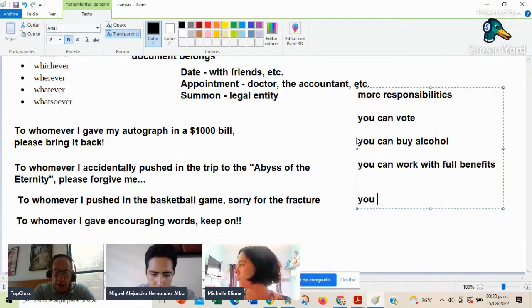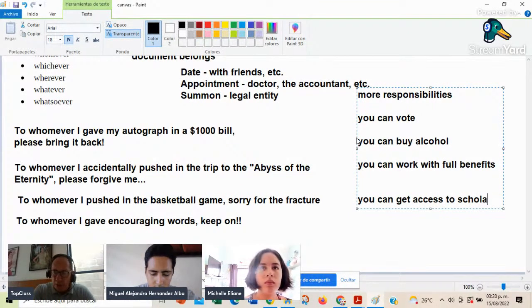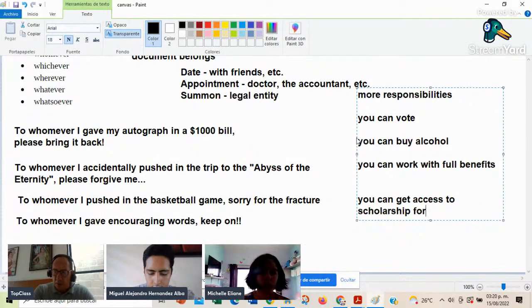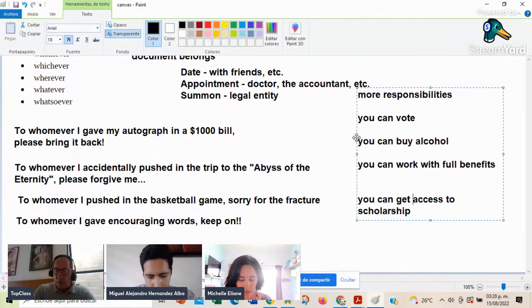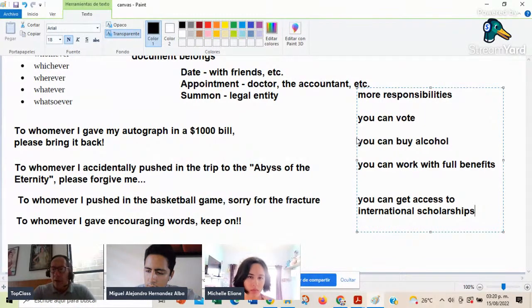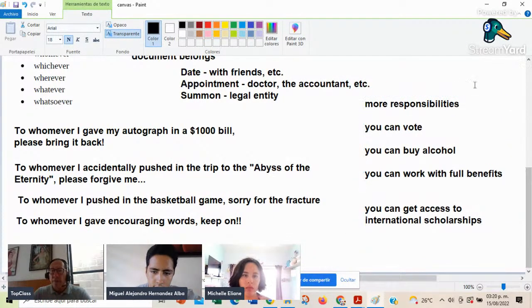You can get access to scholarships, international scholarships. And you can travel around the world with no permit from the parents.